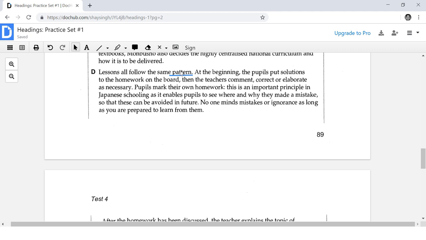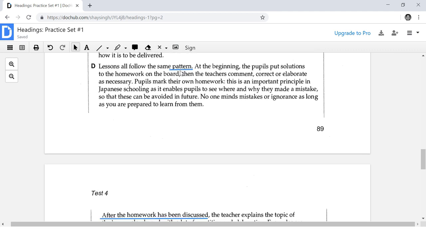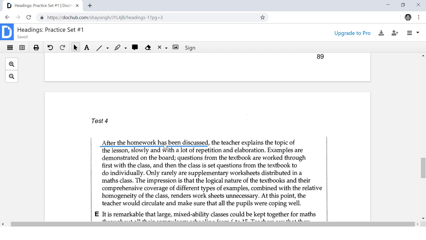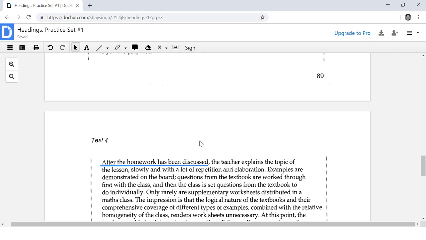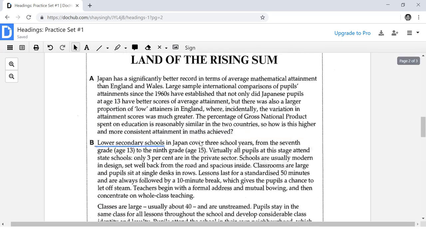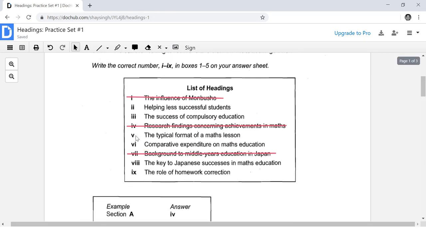Okay, pattern is a structure. That's a format. And then here it's talking about what happens after the homework has been discussed. Again, that is format, structure. The order in which classes are taught and how they're taught, that is structure. So the correct answer here is going to be 5, number 5.